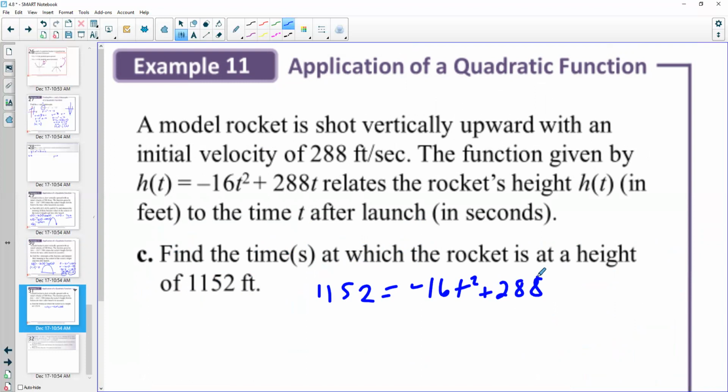Common terms, factor. There's actually two answers to this because my rocket goes both up and passes 1,152 and down and passes 1,152. So you should be able to solve this and find that this happens when time is 6 seconds and when time is 12 seconds. See if you can figure that out.